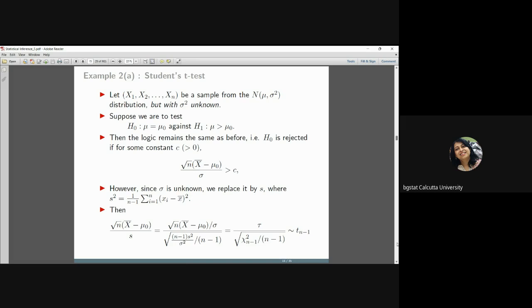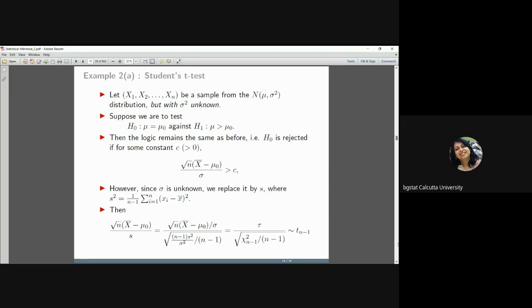The reason I use this divisor of n minus 1 is that if I do, then the sampling distribution of this quantity, root n x bar minus mu naught by s, is known. So if the null is correct, it's possible to show that this is of the form of a standard normal in the numerator and root over a chi-square variable divided by its degrees of freedom in the denominator.